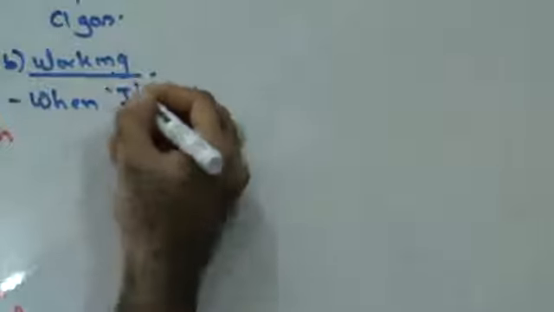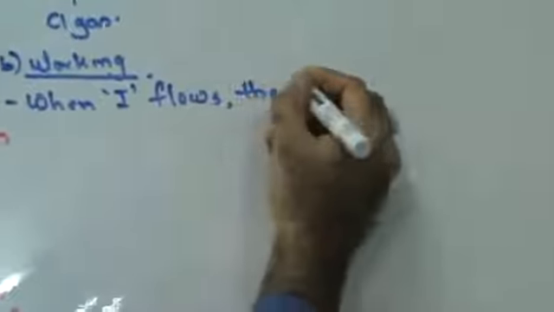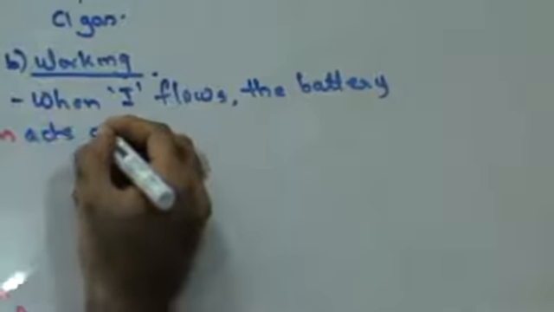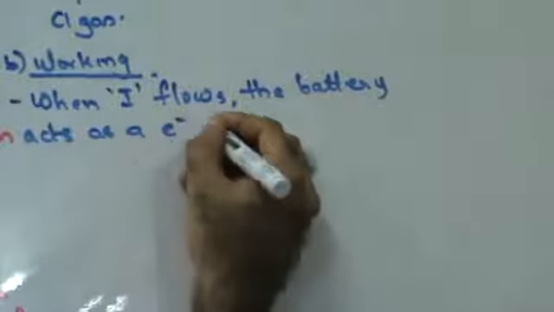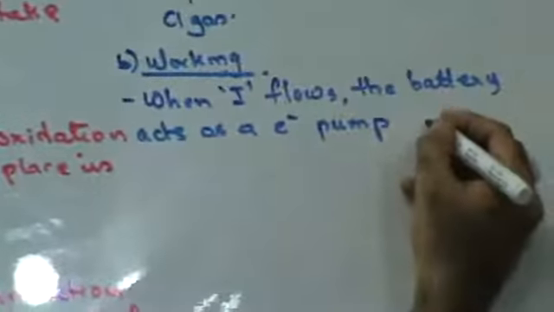As current flows through the battery, the battery acts as an electron pump. It takes the electrons from anode and pushes them to cathode. Right?